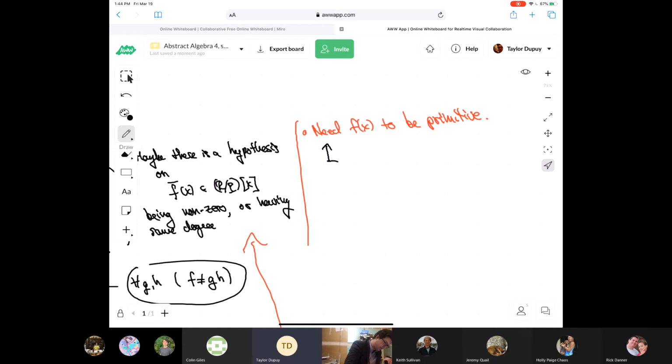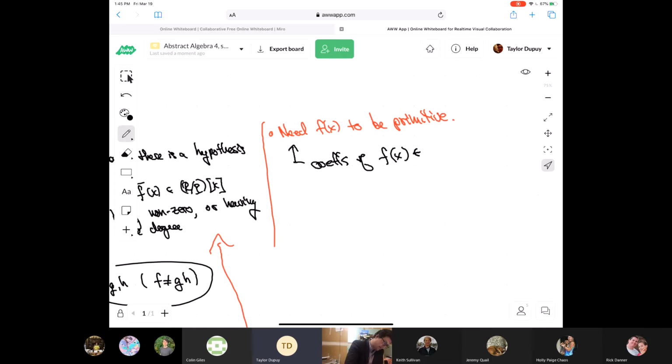The idea here is that the coefficients of f(x) in R[x] need to generate a trivial ideal.